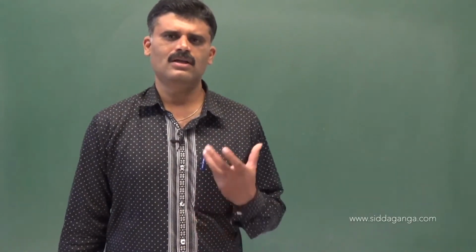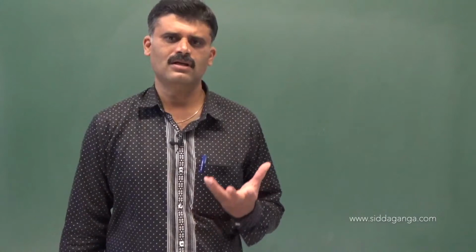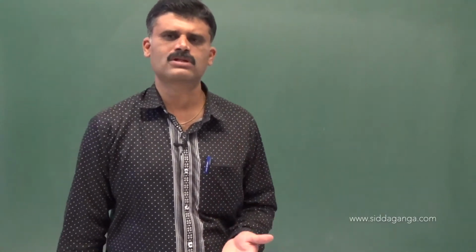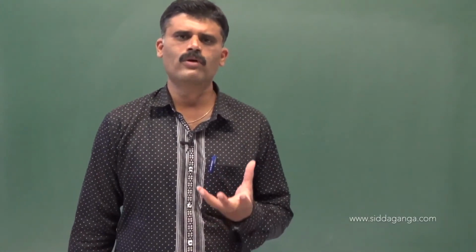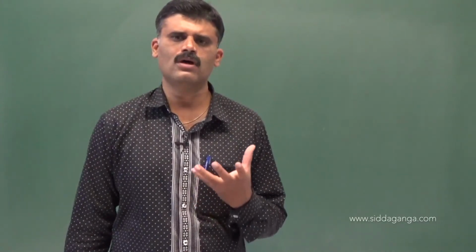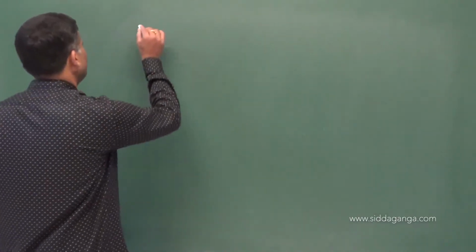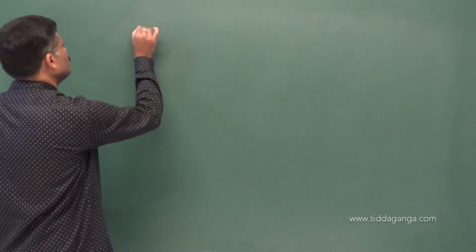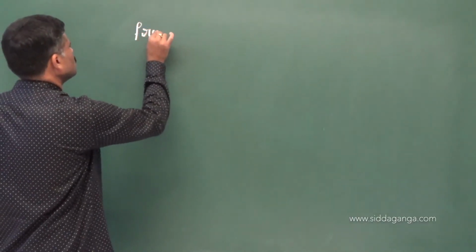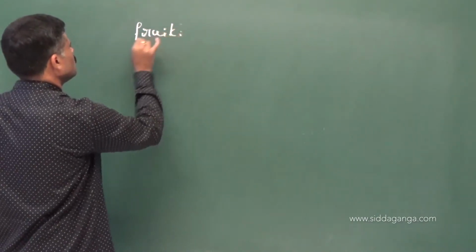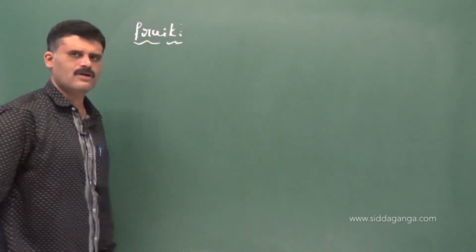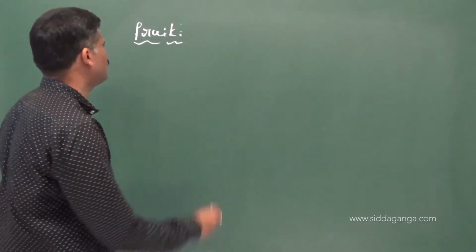Now after development of the embryo and after the process of fertilization, the ovary also grows, the ovule also grows. Then the ovary is now called a fruit. What is a fruit?